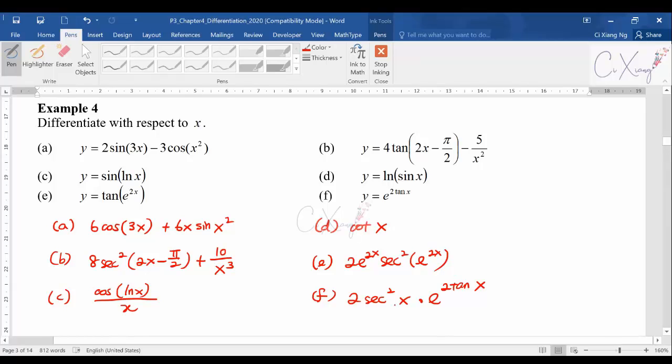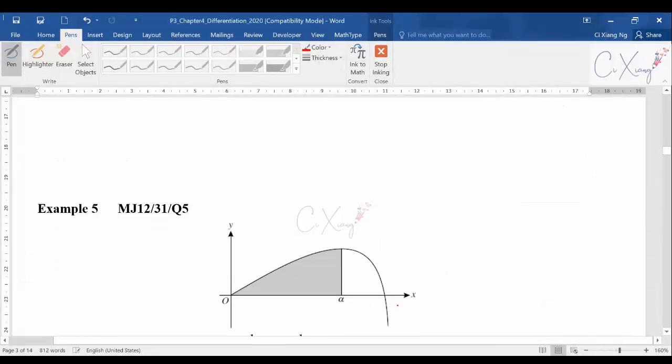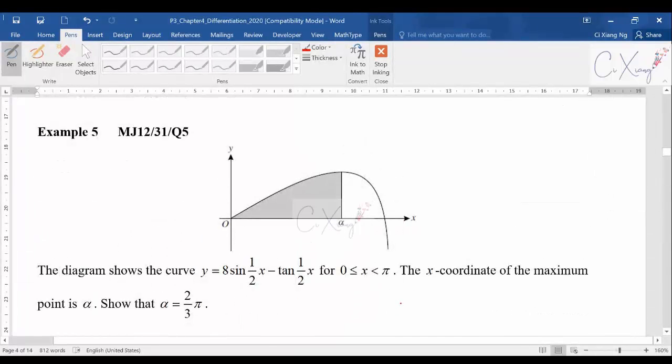What I want to discuss with you is example 5. Example 5 is one of the parts involving more application. Here they give you a diagram that shows a curve. This is the equation of the curve, which consists of sine and tangent, and the curve is drawn for x values from 0 until pi.